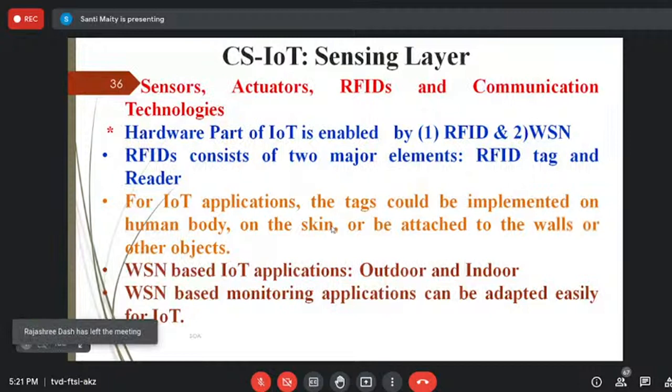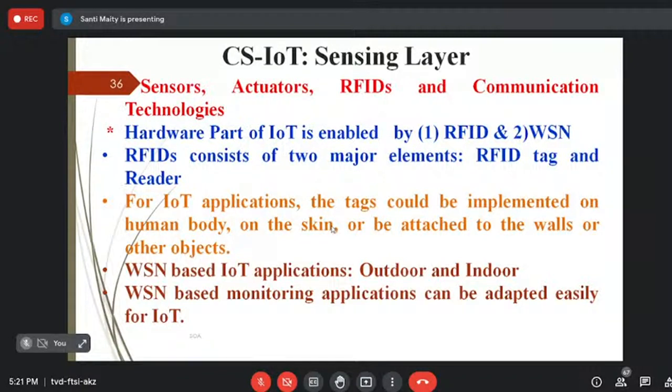Now, RFID basically consists of an RFID tag, which has a unique identification code, and a scanner which reads the device. So the RFID reader, right? Now, what would happen? This can be placed inside the body or on the skin, or somewhere else.